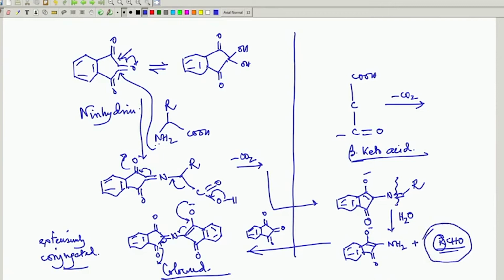The color is basically between the two ninhydrin molecules, in between which there is a nitrogen. This nitrogen is actually the nitrogen from the alpha amino acid. So, that is why all amino acids give the same color, except, again I repeat, except proline. Now, what happens to proline?